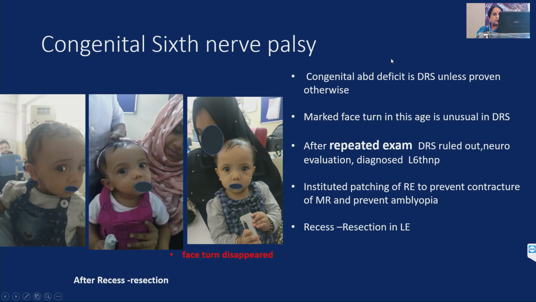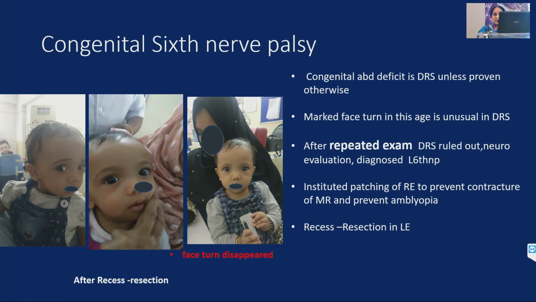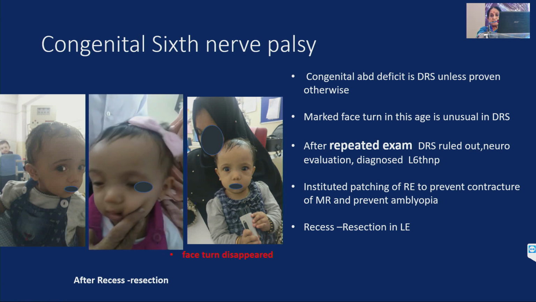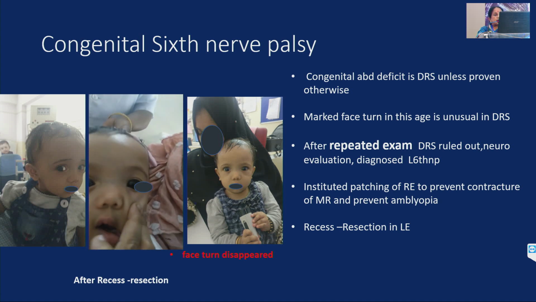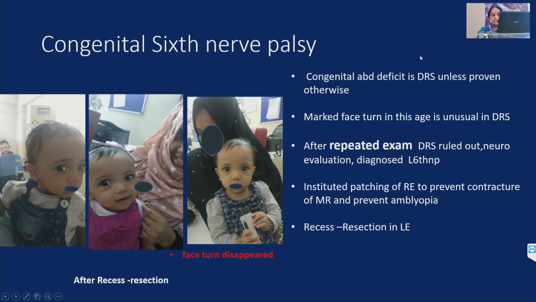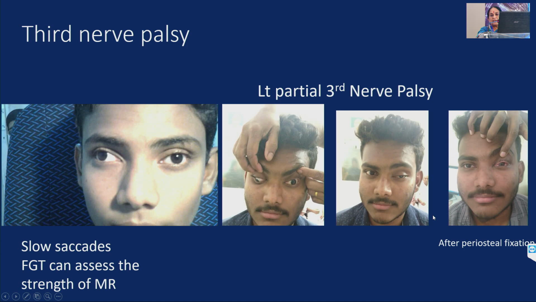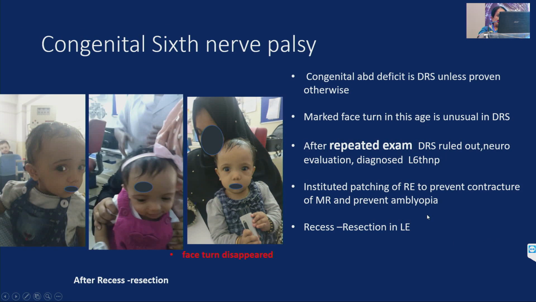Now coming to sixth nerve palsy, congenital sixth nerve palsy is not so common, and any abduction deficit in a child has to be considered as a DRS. But this child had a marked head posture which he refused to correct, and marked face turn, and after repeated examination and neurological evaluation, we diagnosed it as lateral rectus palsy, and after surgery you can see his head posture was completely corrected.